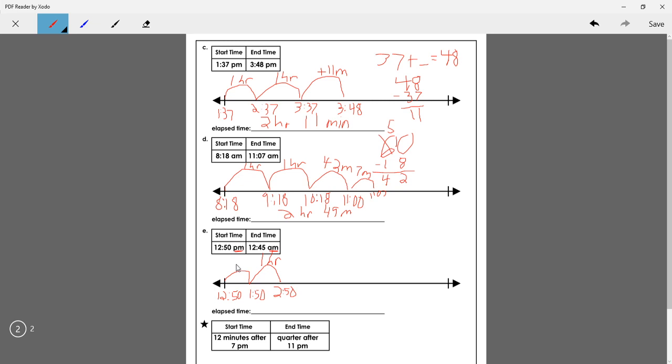If I were to hop 10 hours, then it would be 12:50, and then we could hop back 5 minutes to get to 12:45, and then it would be 2 plus 10, so 12 hours minus 5 is once again 11 hours and 55 minutes.